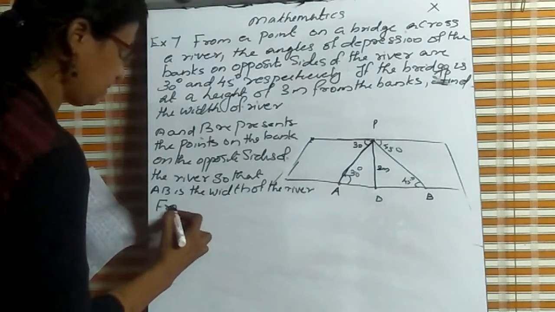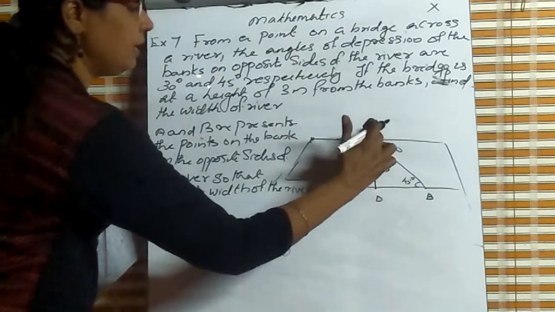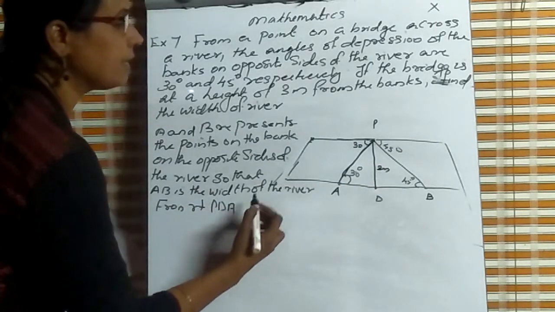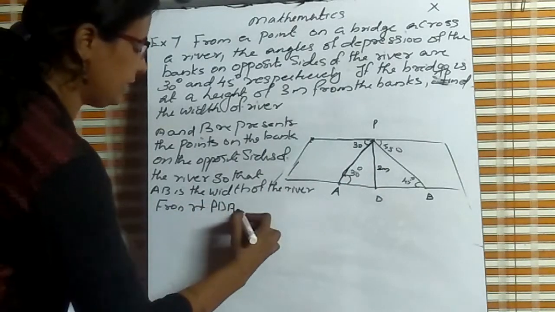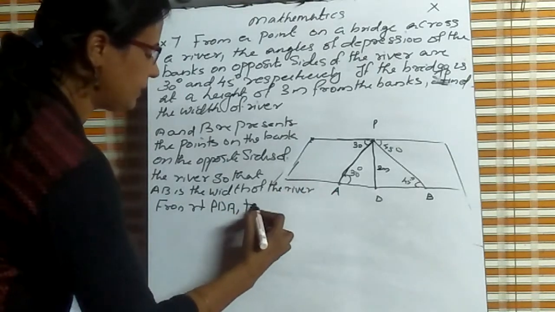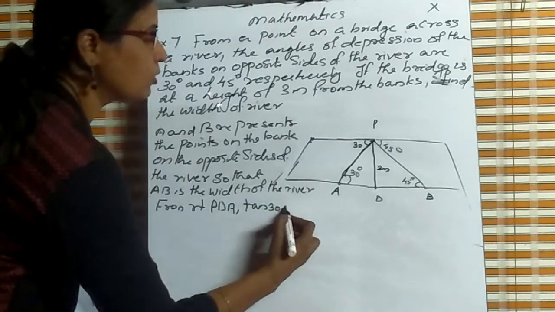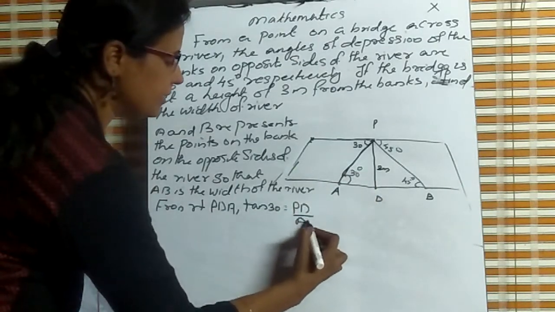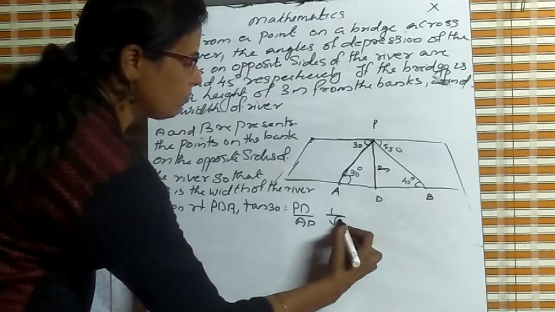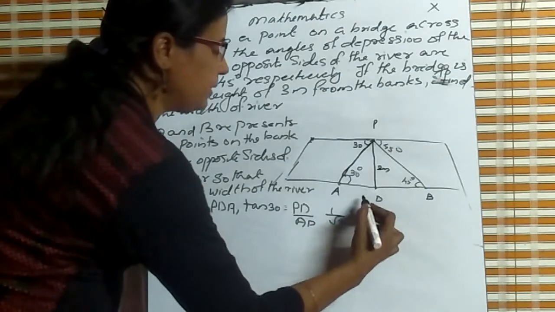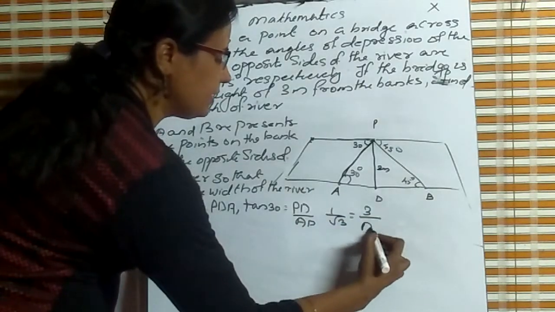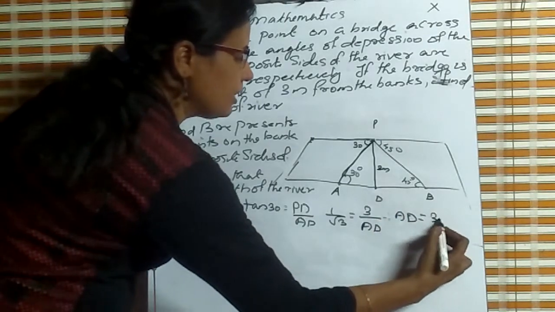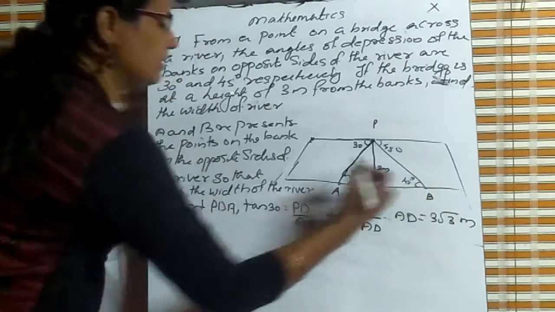From right triangle PDA, what is tan 30? Tan 30 is equal to opposite side PD by AD. Value of tan 30 is 1 by root 3, equal to PD, given 3, by AD. Therefore, AD is equal to 3 root 3 meter.